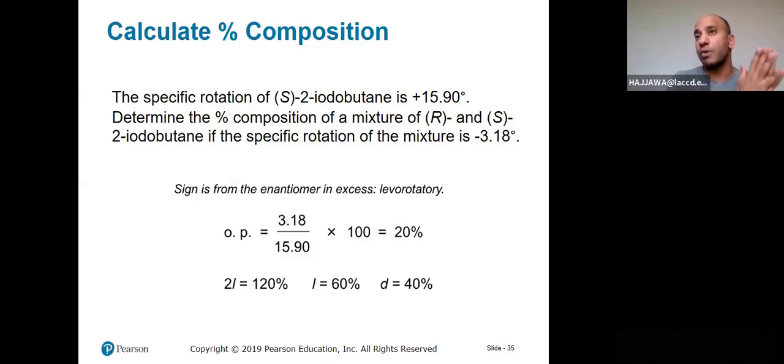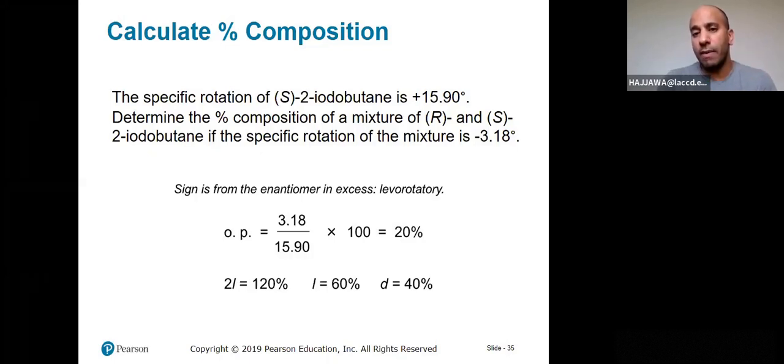I have 90% R, 10% S. Let's take another example. I have 60% excess of S. How do I read that? How do I translate that to percent composition? It means I have 60% S and 40% remaining that are divided 50-50. That means I have a total of 80% S, 20% R.